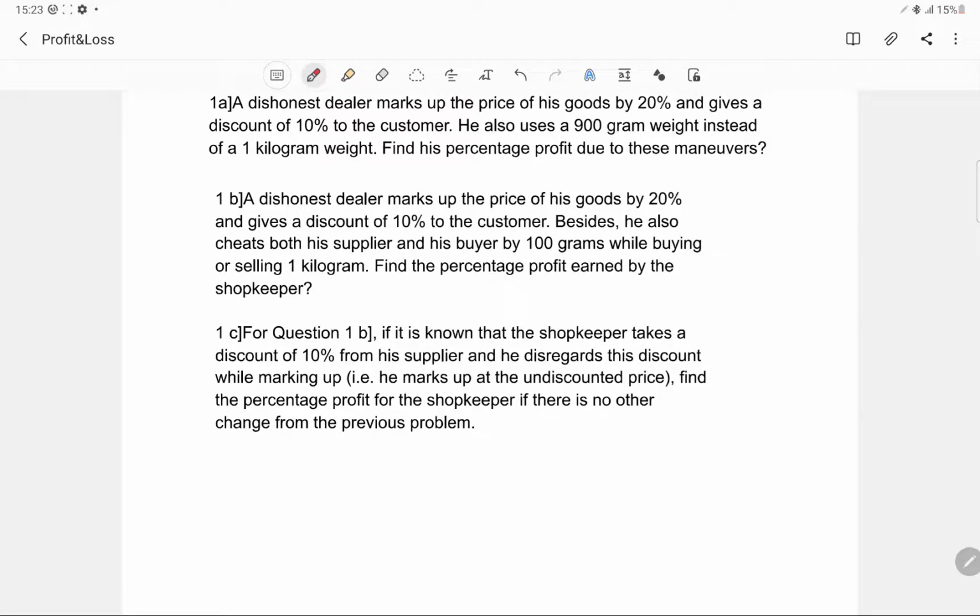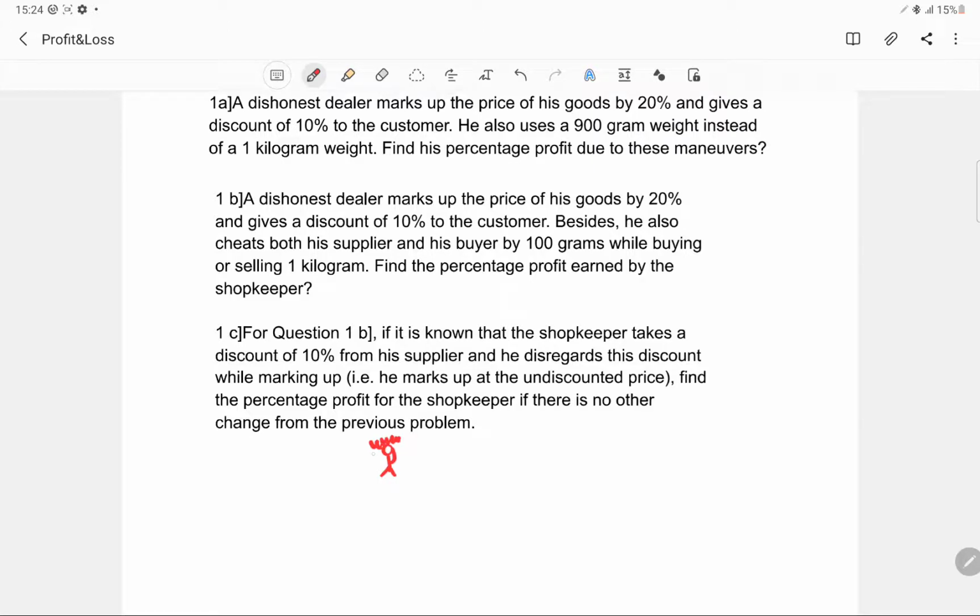So, a dishonest dealer. Let's give him an evil look. A dishonest dealer marks up the price of his goods by 20%, and gives a discount of 10% to the customer. Normal thing. He also uses a 900-gram weight instead of a 1 kg weight.